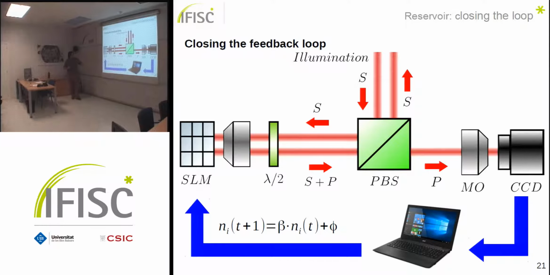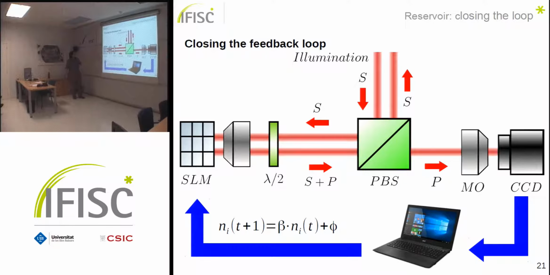Additionally, the computer is going to update the nodes, the cells on the SLM, according to this update rule, where the next state of the nodes is going to depend on the actual state times a feedback parameter plus a bias offset.